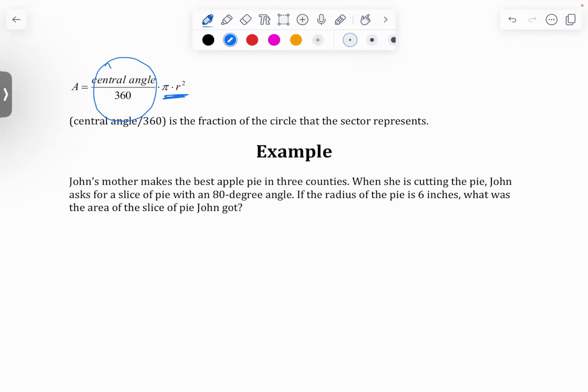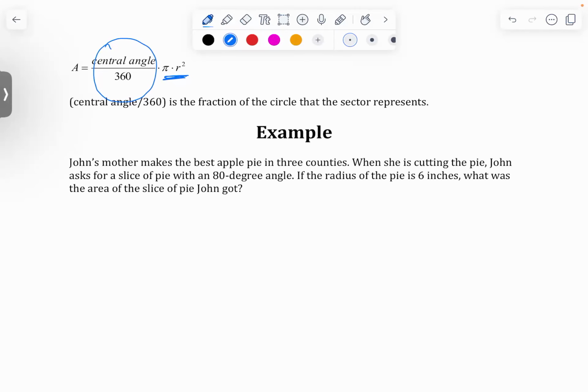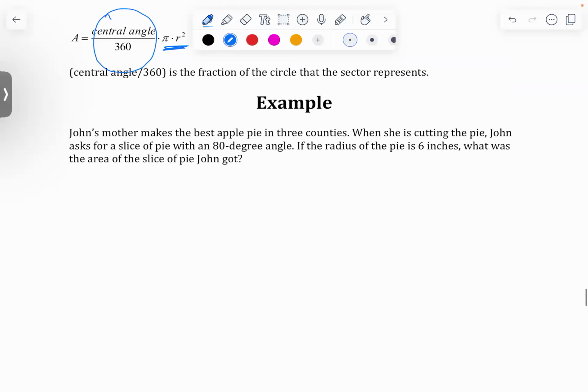For example, John's mother makes the best slice of pie in 3 counties. When she is cutting pie for John, he asks for an 80-degree piece, as we all do. If the radius of the pie is 6 inches, what is the area of the slice of pie John got? So he has 80 degrees divided by 360, times pi, and we are told the radius is 6 inches.